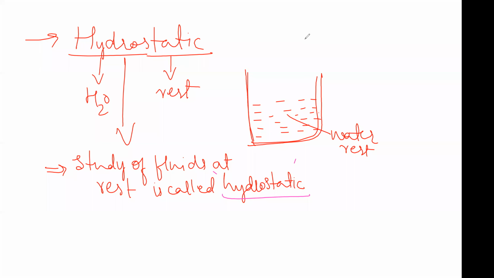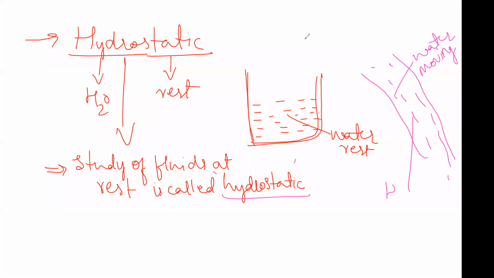Next, we are coming across another terminology. Take the example of a river. In this river the water is moving. The water does not stay in one place, it moves from one place to another place. What do we call this? Hydrodynamics. So what is hydrodynamics? How are we going to define this?